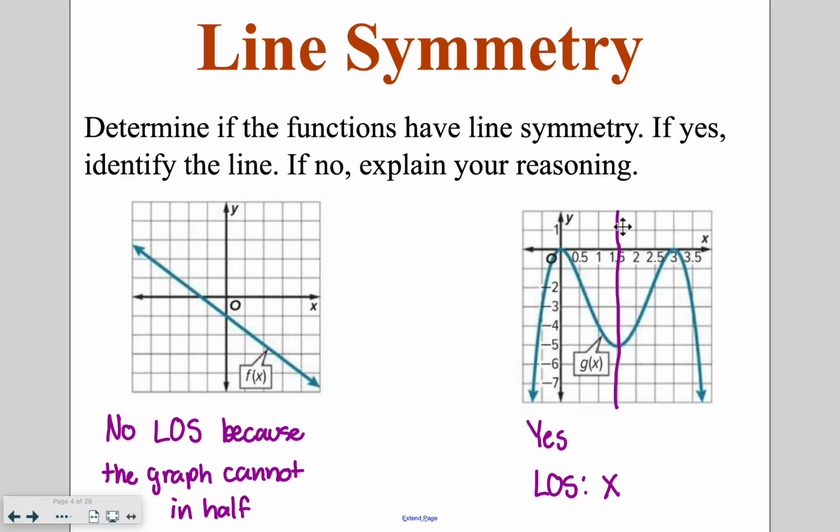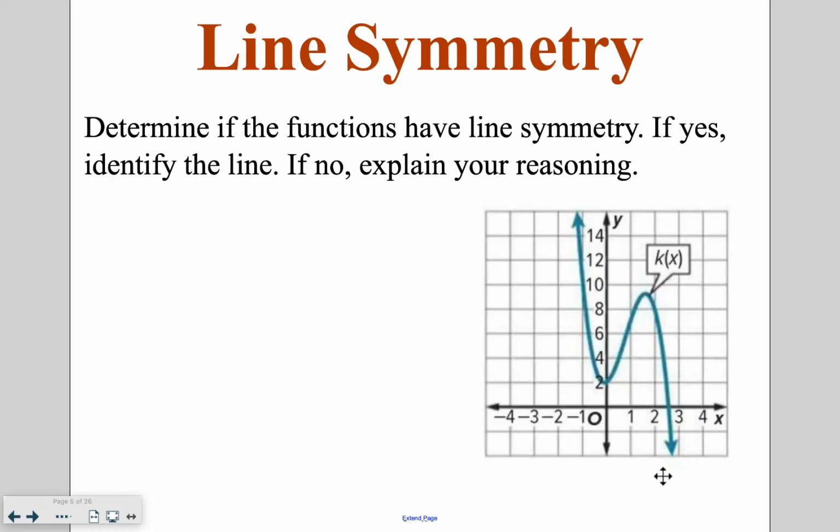All of these different x values are the same, 1.5. Down here it's 1.5, negative 0.5. So all of those x values line up to make that line of symmetry at x is equal to 1.5. Go ahead and try this one on your own.